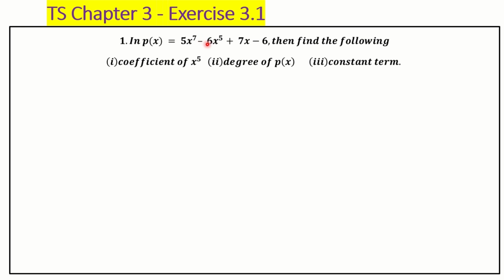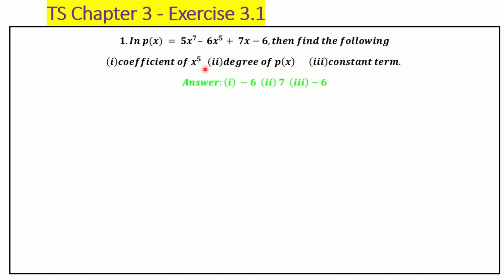That is minus 6. Coefficient of x power 5 is minus 6. Degree of p of x. What is the maximum power in this? 7. So this is the degree. Constant term. This is the term which has no x, no variable in it. So minus 7 is the constant term.